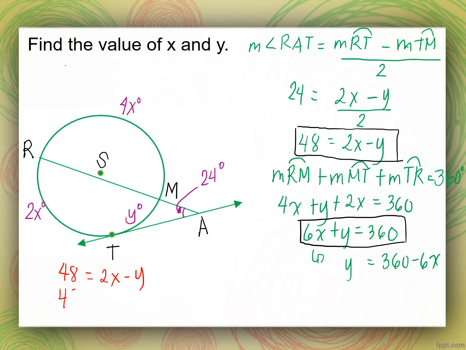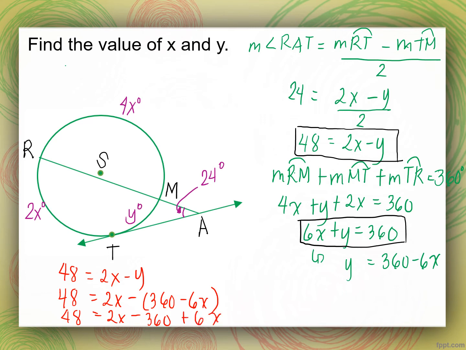So 48 is equal to 2x, let's change our y to 360 minus 6x. Okay, so let's simplify. So we will have 2x, let's distribute the negative sign. So that would be minus 360 plus 6x.